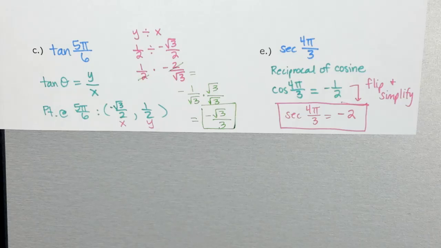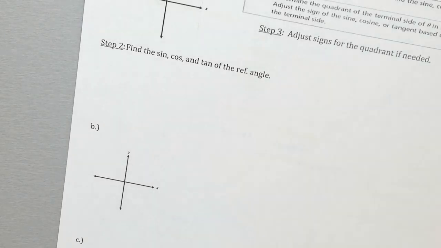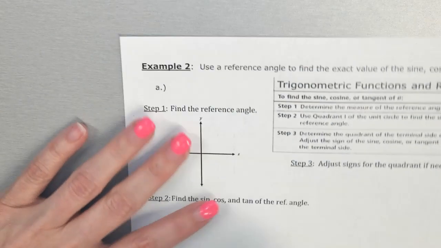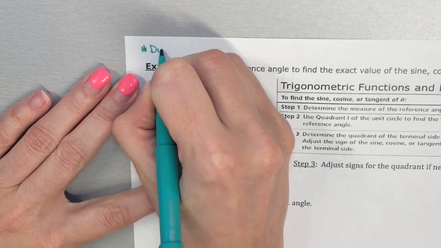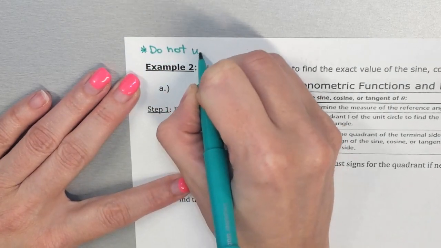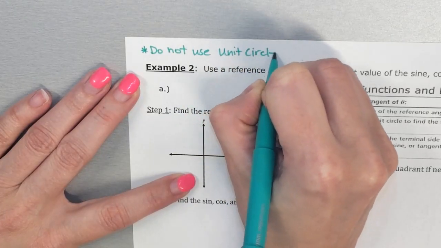On the back side, we are not going to be using our unit circle. You can just flip it over so it's the special triangle side. We are going to be using reference angles.